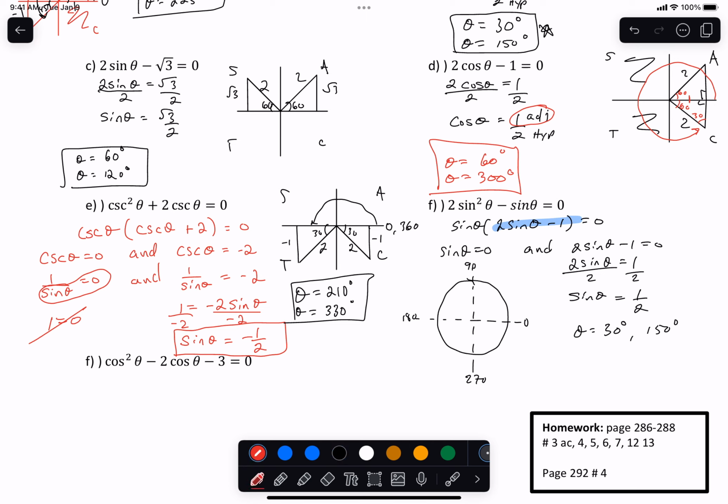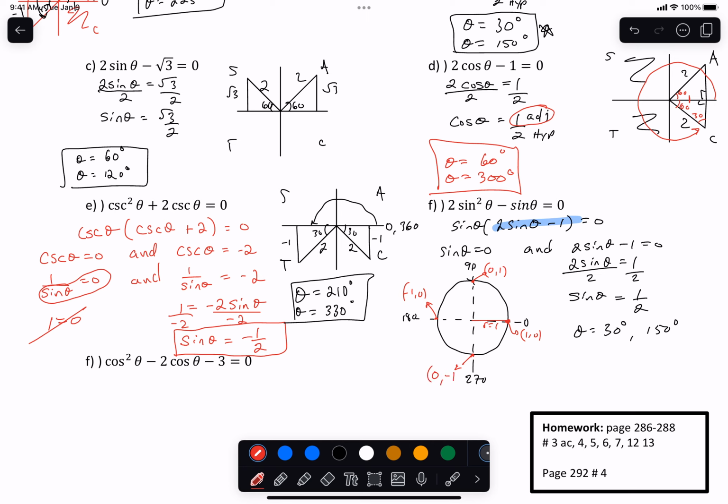If this was a circle of radius 1, as we discussed when we did this the first time, that would make this point 1, 0. That would make this point 0, 1. That would make this point -1, 0. That would make this point 0, -1.